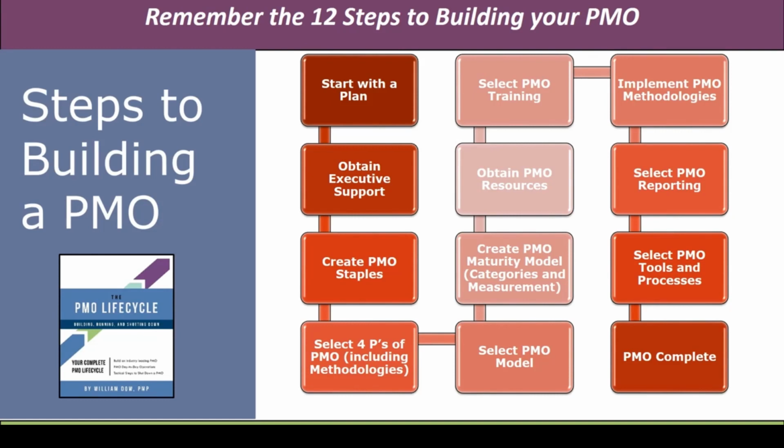Number 7, obtain your PMO resources. Number 8, select your PMO training. Number 9, implement your PMO methodologies. Number 10, select your PMO reporting. Number 11, select your PMO tools and processes. And finally, the last step is step 12, your PMO is complete.